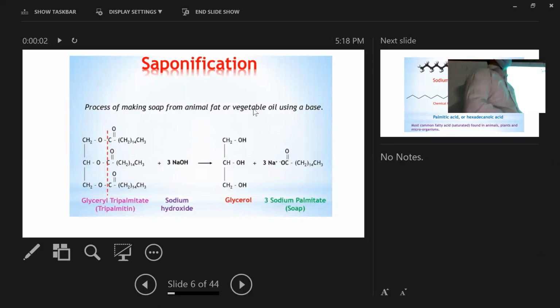Some of you can use this glycerol, and it is quite cheap. Now, this is just a single molecule, but the structure is: here you have CH2, 14, CH3, CH2, 14, CH3, CH2, 14, CH3. So just CH, CH2, CH2.